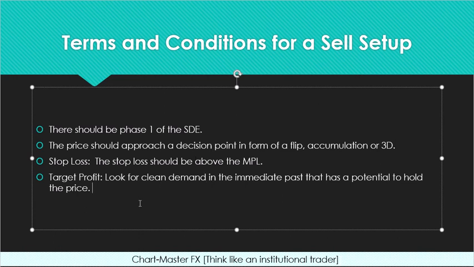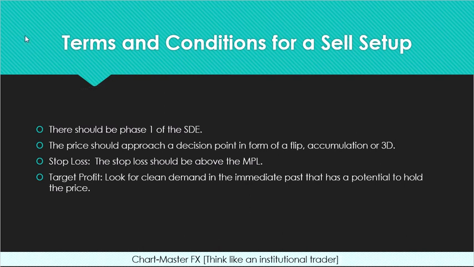Then the target profit: look for clean demand. Look for clean demand in the immediate past that has a potential to hold the price. So you have to look for a clean demand, guys. Or you can look for the depth of engulfment, as we said in the SDE video.